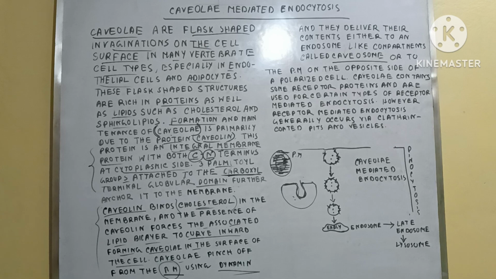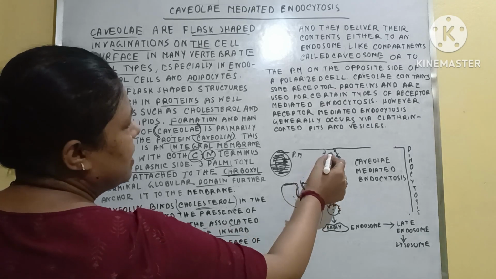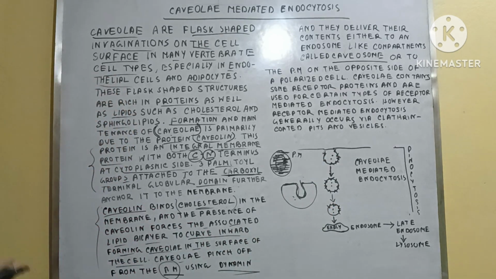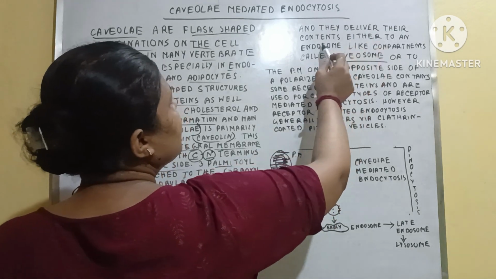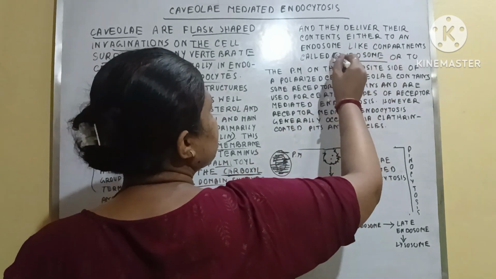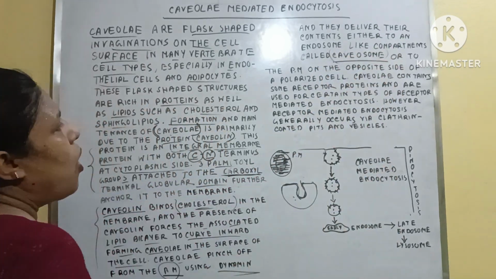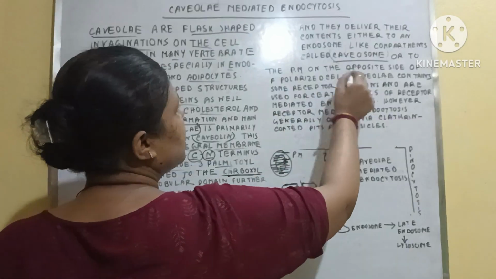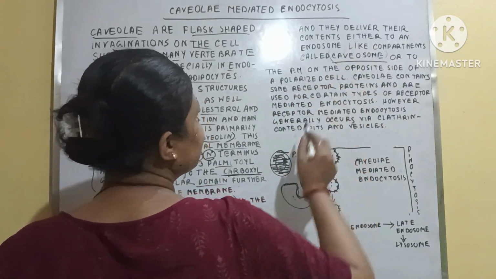Okay, so the caveolae contain material. What happens to this material? These materials generally deliver their contents either to an endosome-like compartment, which is called the caveosome, or to the plasma membrane on the opposite side of the polarized cell.